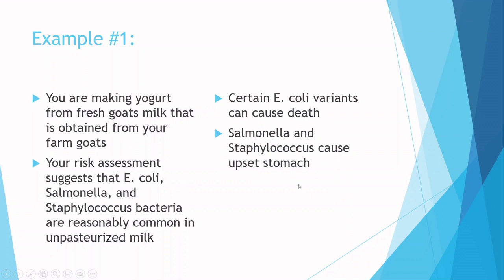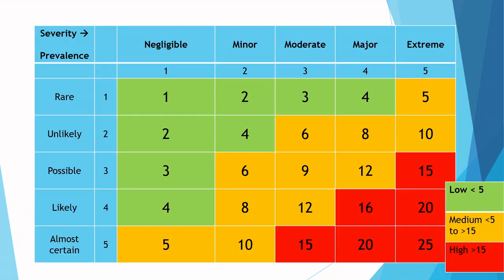So we want to make sure that we are not just reverting to the lowest risk in our risk categorization, but we're looking at the highest risk. Based off of this, it is reasonably common and it could cause death. So where are we going to put this in our matrix? Let's say it is reasonably common.